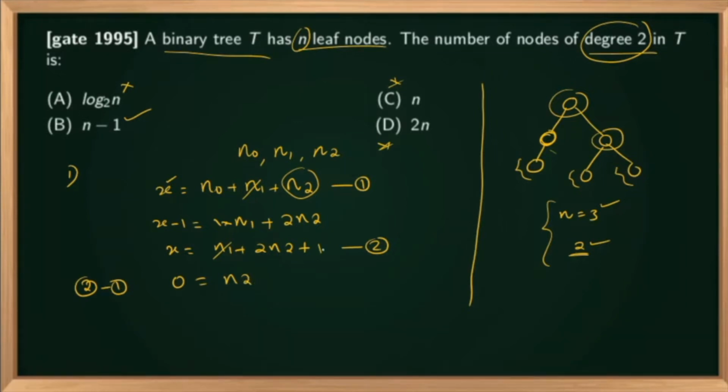Here I will have 1, and here I will have minus n0. So n0 is equal to n2 plus 1, or n2 is equal to n0 minus 1. So the number of nodes with degree 2, that is n2, is equal to n0 minus 1. n0 is the number of nodes with degree 0, which is given as n. So it will be n minus 1. So the answer should be n minus 1.